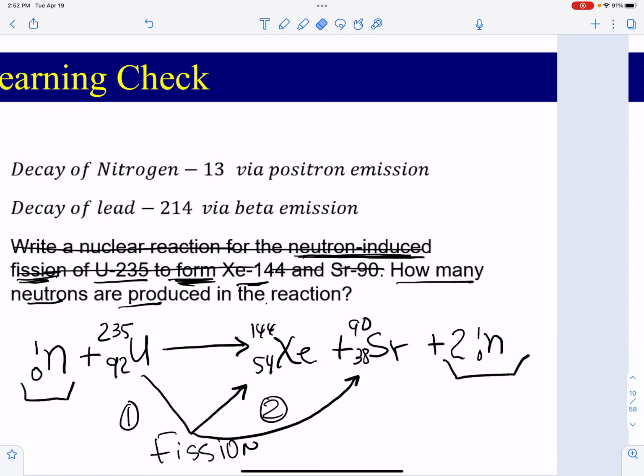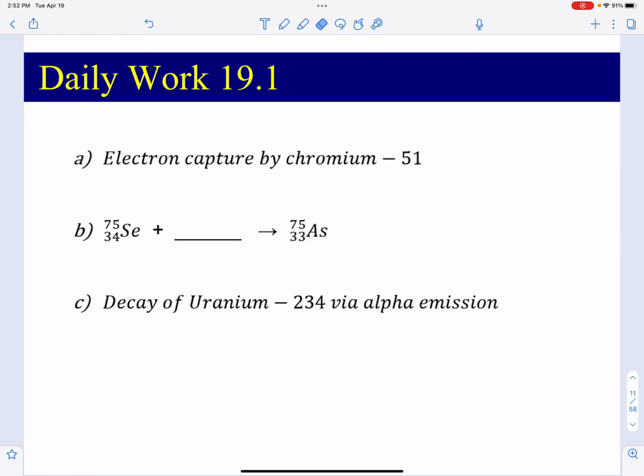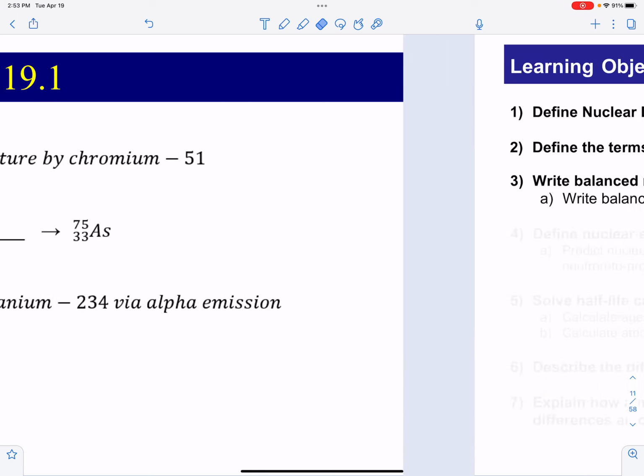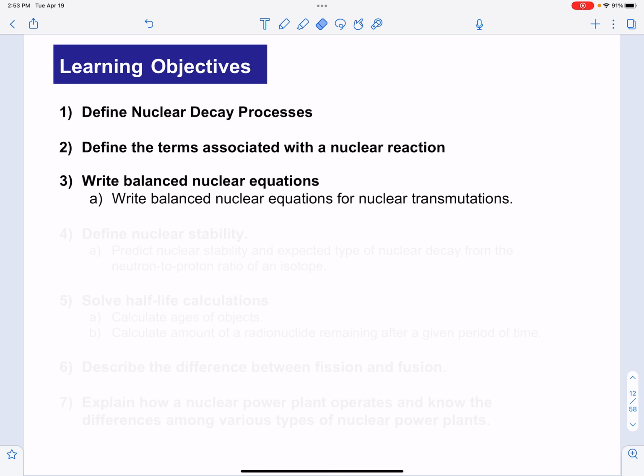So with that said, let's see if you can work on this daily work. And once you do that, we're going to say that we're done with this objective. So now you know what a nuclear decay process is, and you know the particles that can be involved with that. We talked about nuclide, nucleons, decay, absorption, all the different particles, fission, transmutation.